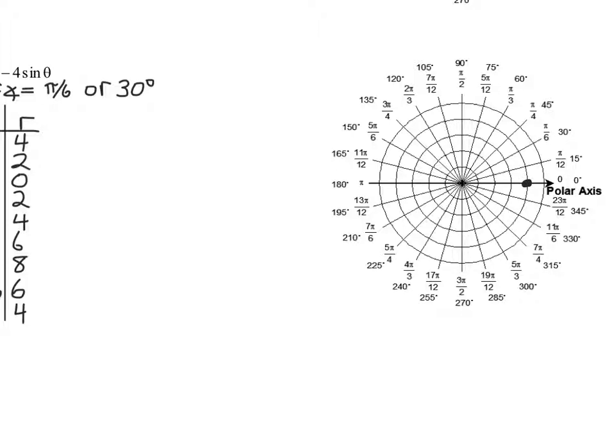Two in the direction of pi over 6. 0 in the direction of pi over 2. Okay, so that's the pole. Then 2 in the direction of 5 pi over 6. Then 4 in the direction of pi. 6 in the direction of 7 pi over 6.